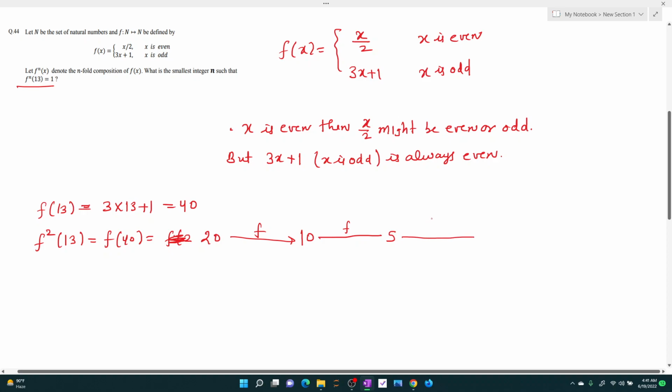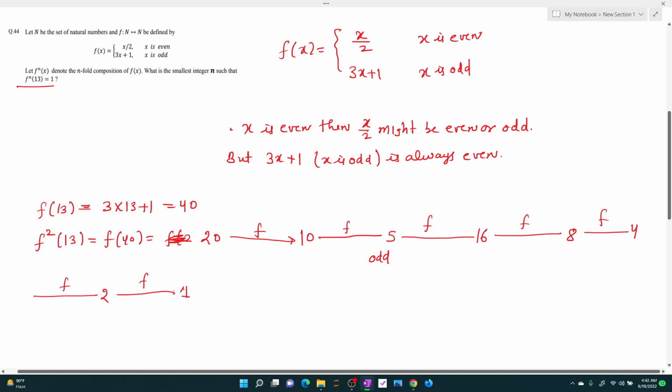Now this is an odd number, right? So in the next iteration, this will become 16. Then in the next iteration, we will have 8. Again, then in the next iteration, we will have 4, right? And again into the next iteration, we will have 2. And again into the next iteration, we will have 1, right?